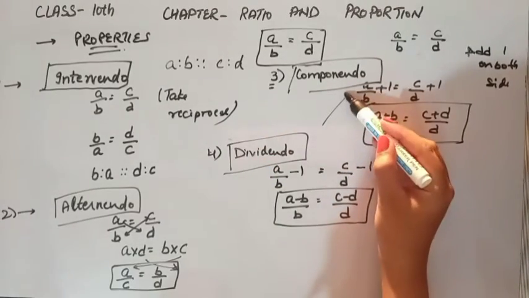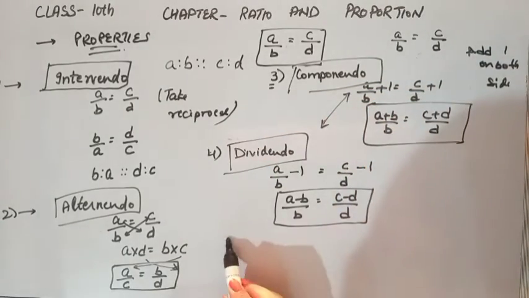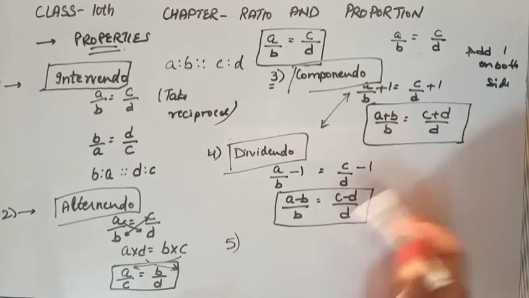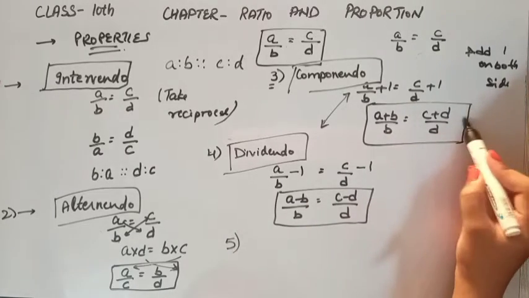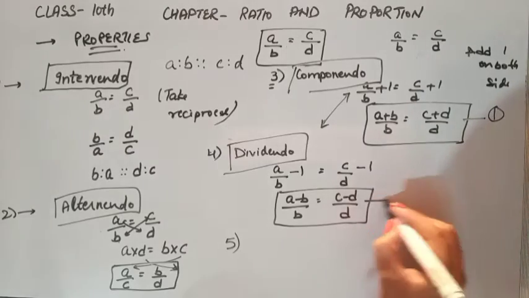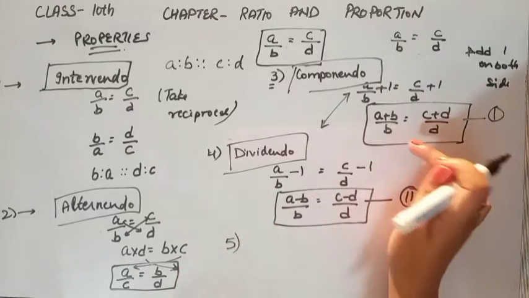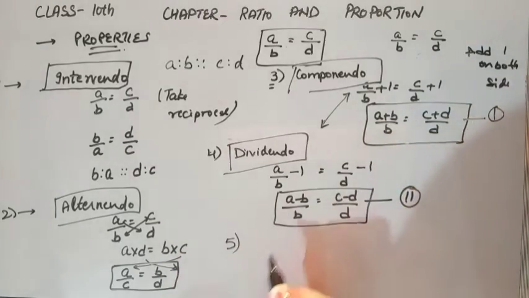Now if we combine these two, what will happen? Let it be the first equation and let it be the second equation. If we divide the two equations, what will form?